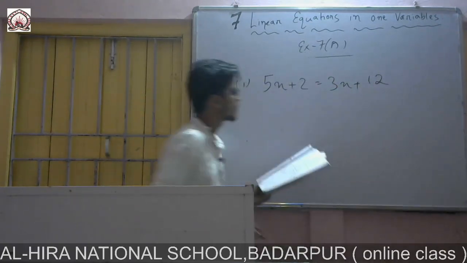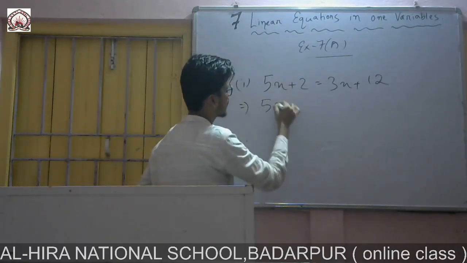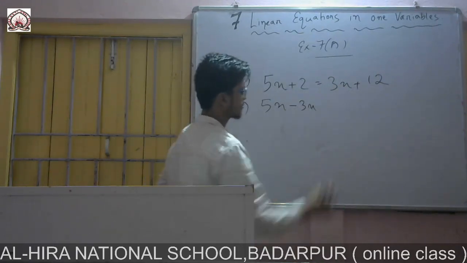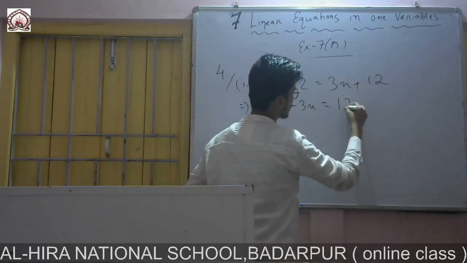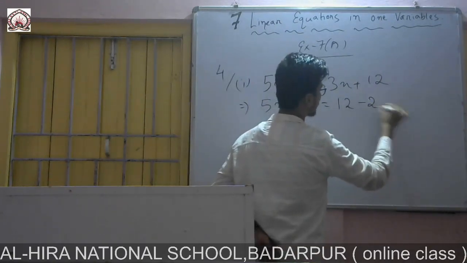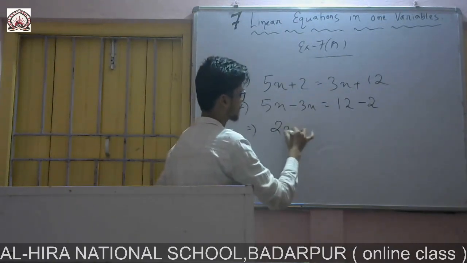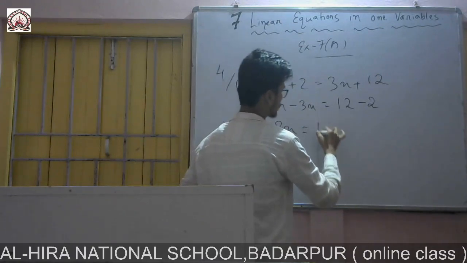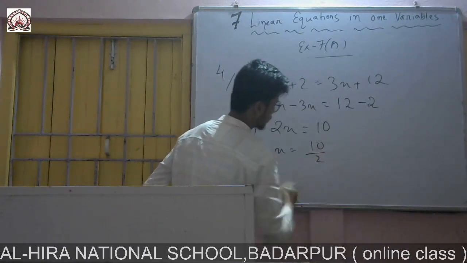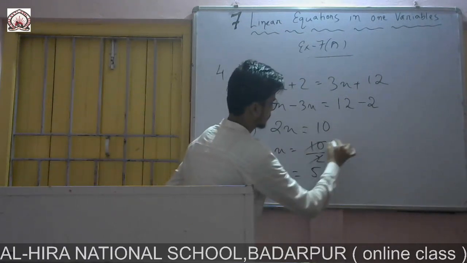First of all I will take this 3x to this side. If I change the side, it will be minus 3x equals to, there it is plus 12. So I will write 12 and I will transpose this plus 2 to that side. It will be minus 2. So 5x minus 3x, it is 2x equal to 12 minus 2 is 10. So now I will divide 10 by 2. 2 5s are 10. That means the value of x is 5.